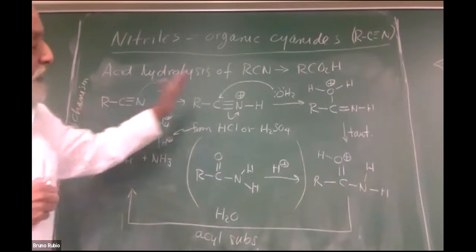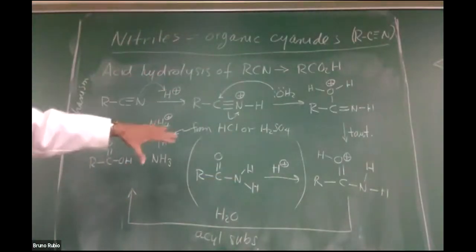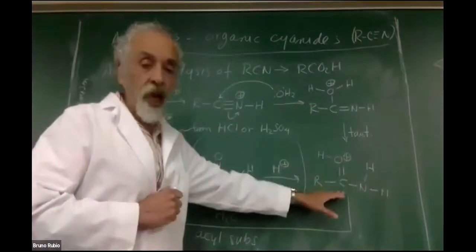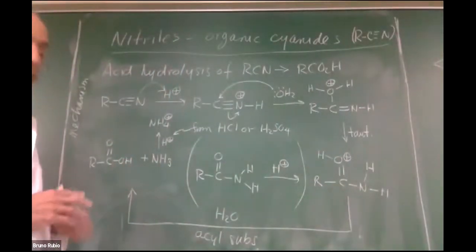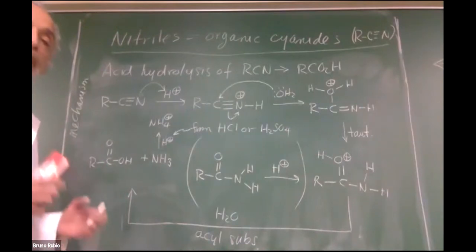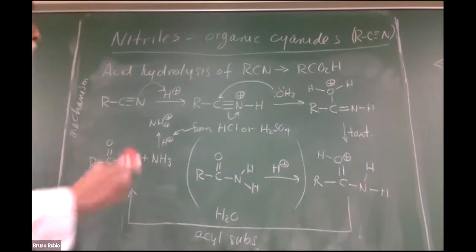Okay, so that's the chain of events for this hydrolysis of a nitrile under acidic conditions. So this stuff is new. Tautomerization, that's hardly new. Acyl substitution, that's hardly new as well. The nitrile can also be hydrolyzed in base. So let's go through that.